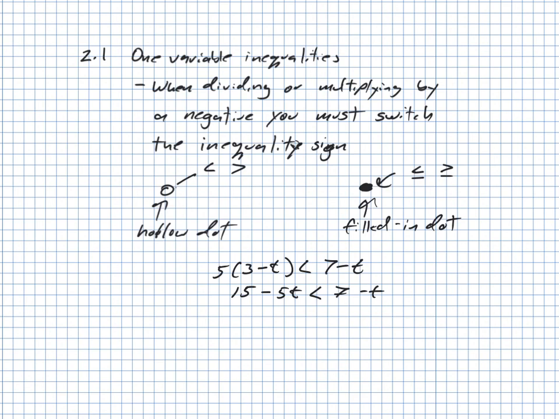I'll add t to both sides, gives me negative 4t. I'll subtract 15 from both sides, and I get negative 8. Now I'm going to divide by negative 4, which flips the sign. t is greater than 2. To graph this, I'm just going to find 2, and we'll put a hollow dot, and I'll shade in the direction of the inequality. And that's it.